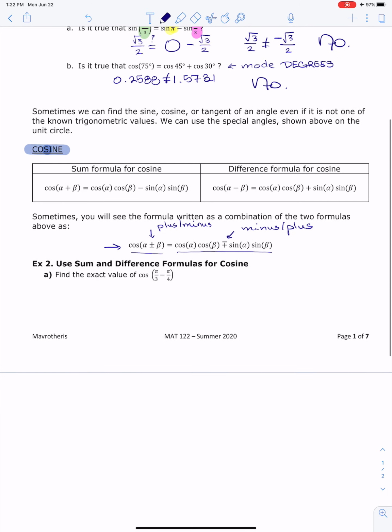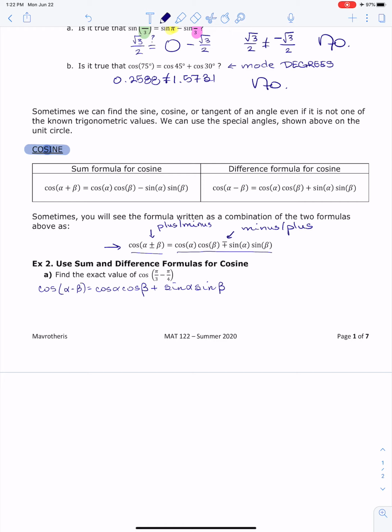So exercise 2, we want the exact value of cosine of pi over 3 minus pi over 4. And so this is a difference formula for cosine. And so just to remind myself, I'm going to go ahead and write this out, so as I go to plug things in, I don't have to think too hard and I don't make a mistake.